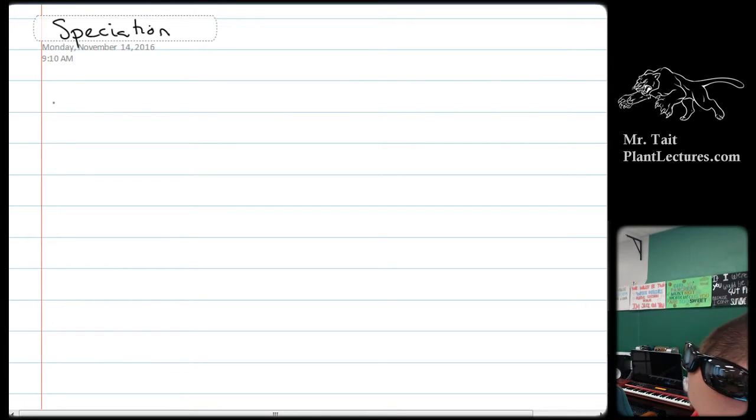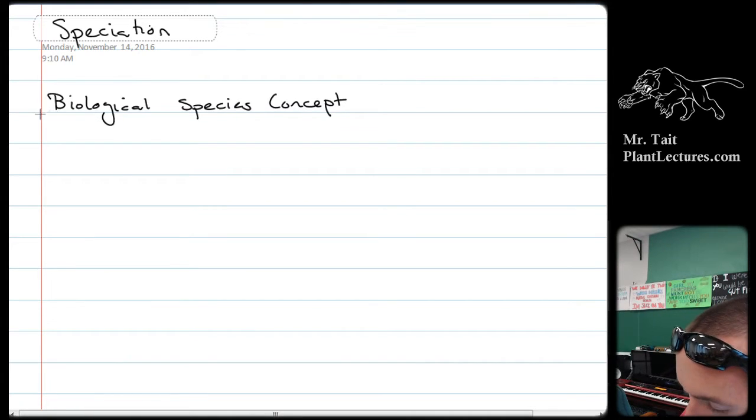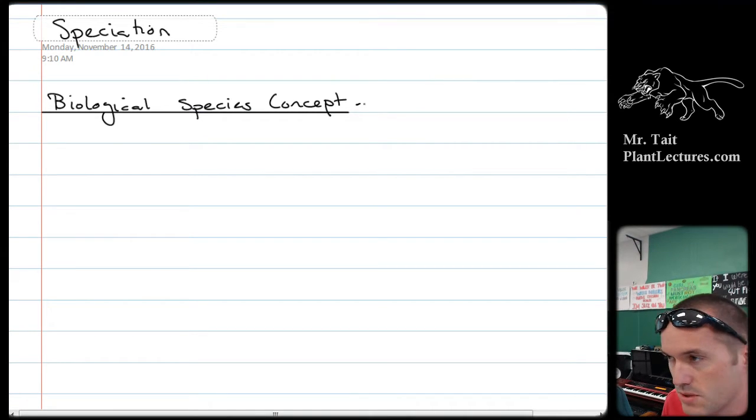Okay, and we normally use this thing called the biological species concept. This is the most common way of determining whether or not two organisms or two individuals are members of the same species.